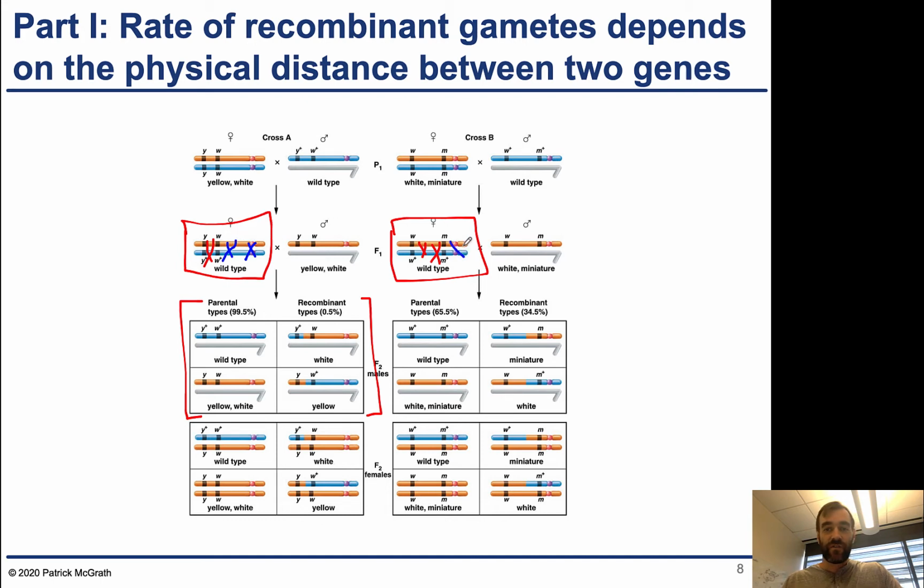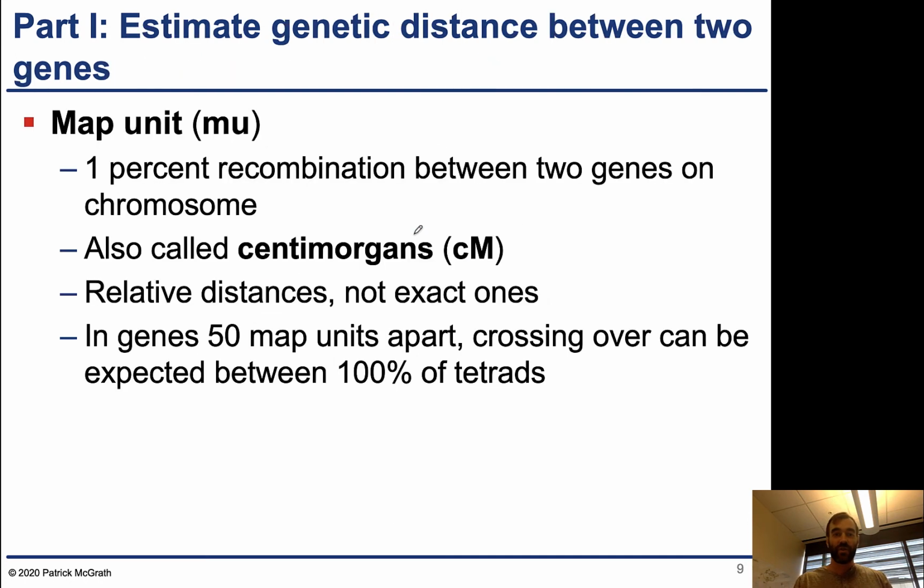Whereas if they're physically far apart, only this one won't actually create recombinants between those two genes. So it's simply a probability matter. When you look at thousands and thousands of individual meioses, the location of each of these recombination events varies, and so the number that actually create recombinants between two genes is dependent upon the physical distance between them.